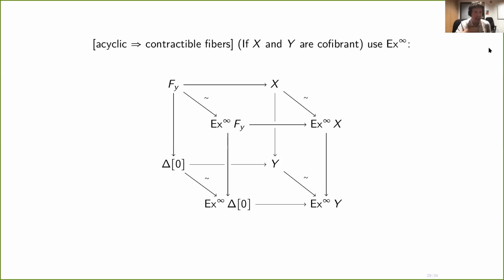There's another question in the chat. Can this construction be carried out internally in the topos of simplicial sets in the spirit of Orton Pitts? Well, I don't know.